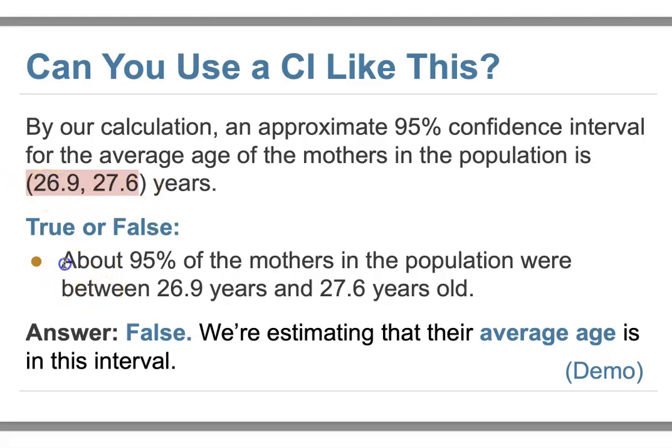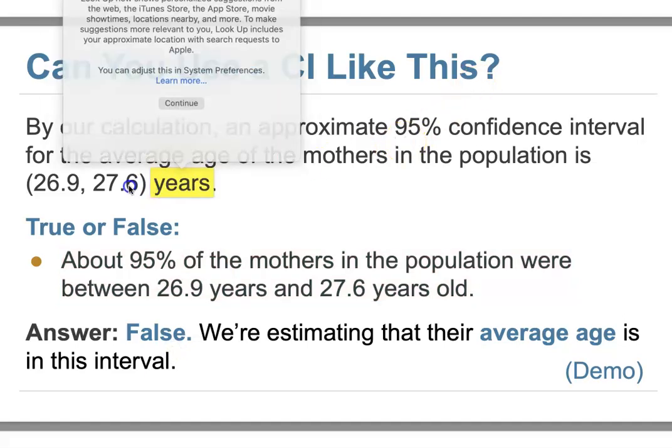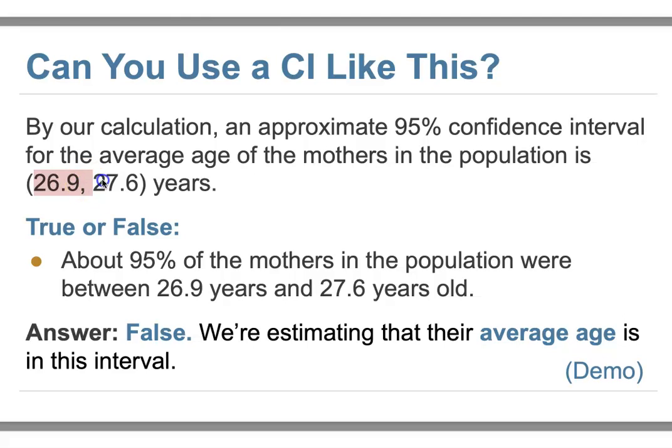So then if they try to interpret it like this, true or false: about 95% of the moms in the population were between this range. Again, the same thing, this one is false. We only told you the average will fall in this interval with 95% confidence. But what the real population distribution looks like, we have no idea about that.